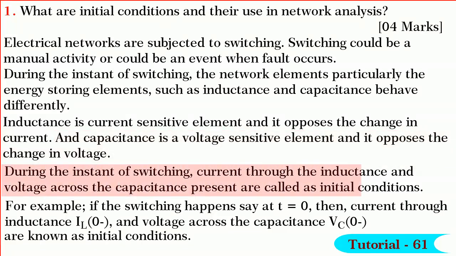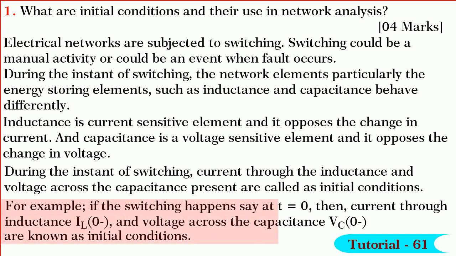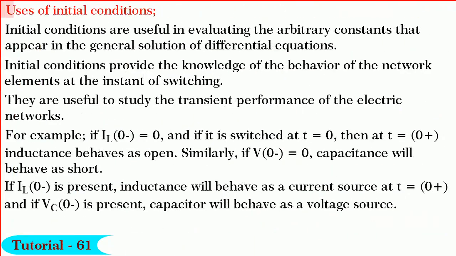During the instant of switching, the current through the inductance and the voltage across the capacitor present are called initial conditions. For example, if the switching takes place at t equal to 0, the current through the inductance IL(0-) and the voltage across the capacitor Vc(0-) are known as initial conditions. Friends, next we shall state the uses of the initial conditions.